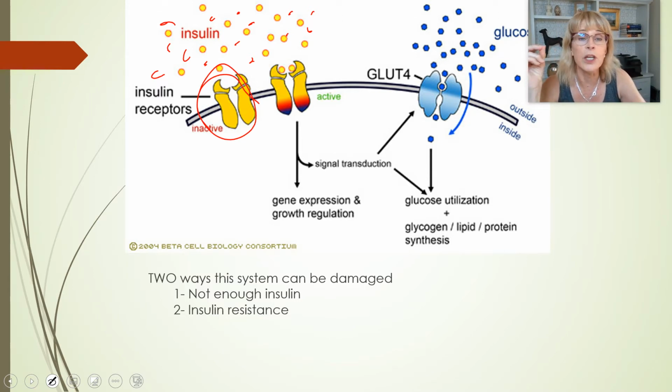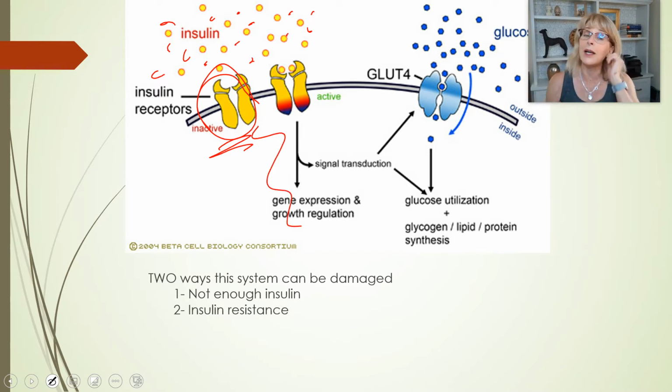And strangely, we have known that detail for decades now, and we still don't know exactly where the glitch is. Keep in mind that I'm saying there's something wrong with the receptor, and so we're all imagining, oh, something's gumming up the receptor. But the truth is, it could be part of all these complicated second messenger pathways. Okay? So, two ways that there can be a problem.